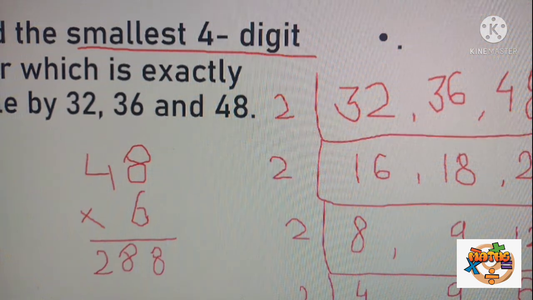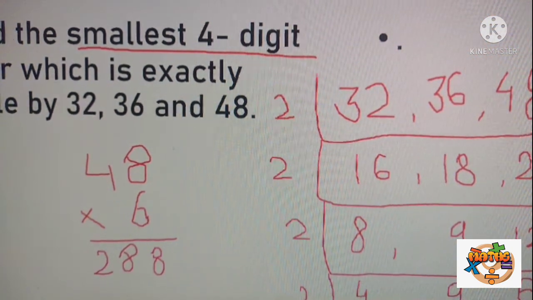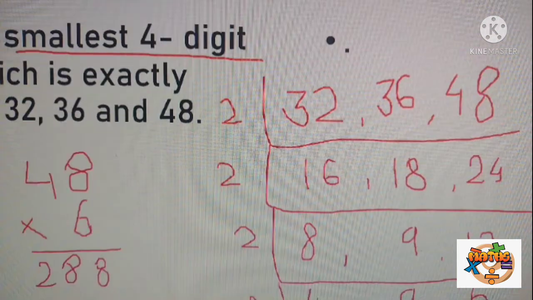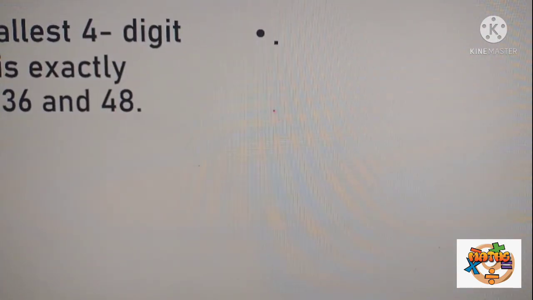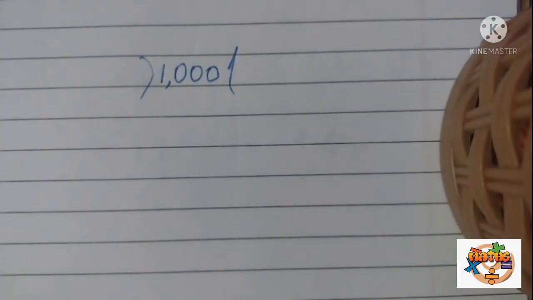First of all, let's erase, and now we will divide 1000 with 288. So here 1000, that is the smallest 4-digit number, and here our LCM 288.